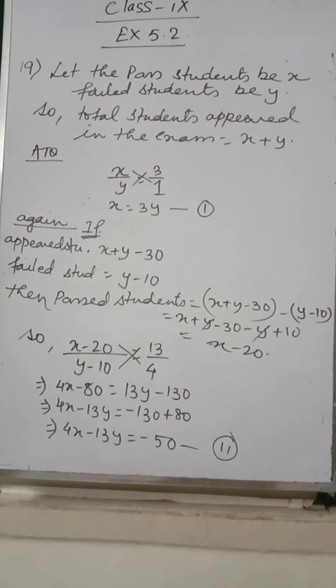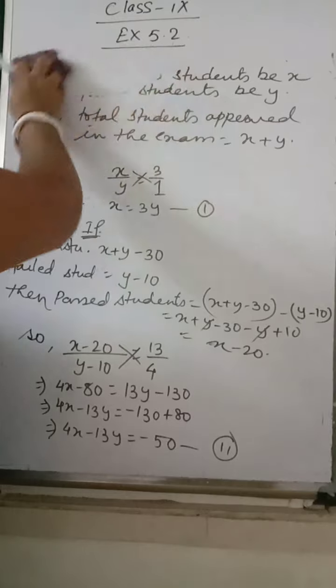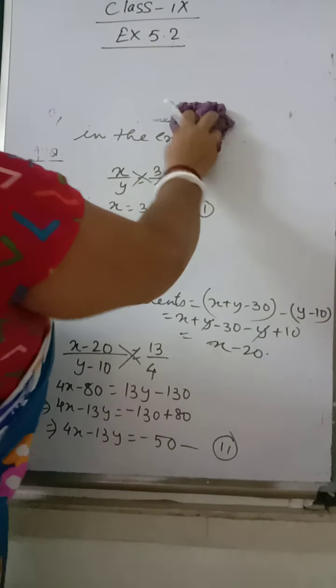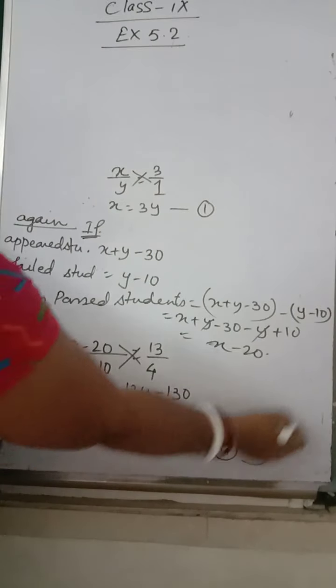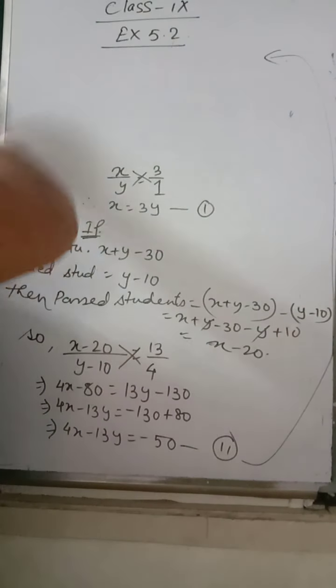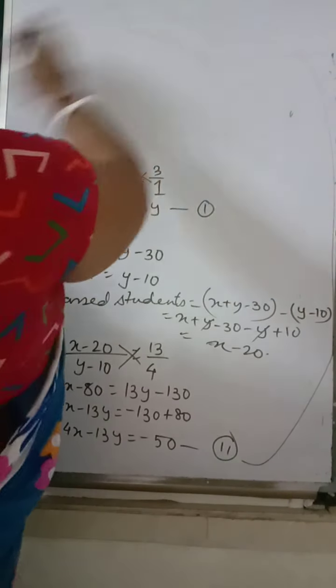Now the value of x we have in terms of y, is it? I'm rubbing the upper part and placing the value of x into equation number 2. We have got the value of x in terms of y.